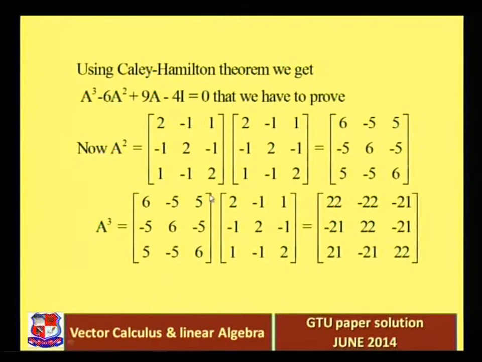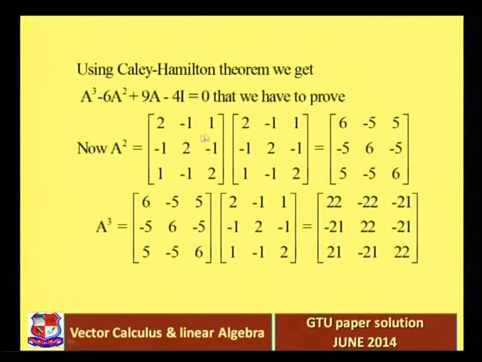Our new matrix has size number of rows of the first matrix into number of columns of the second matrix. And how do we multiply? We pick up the first row and multiply with each column. So 2 into 2 is 4, plus 1, plus 1, so 6.